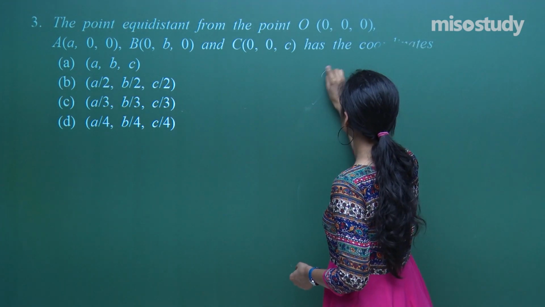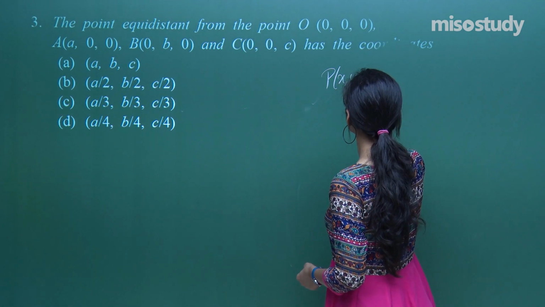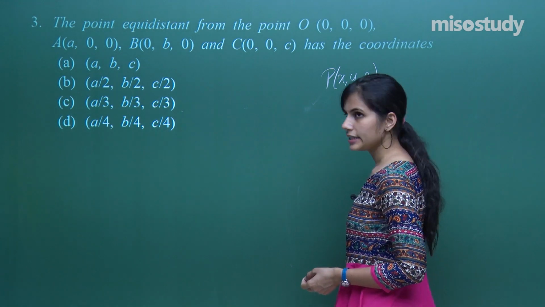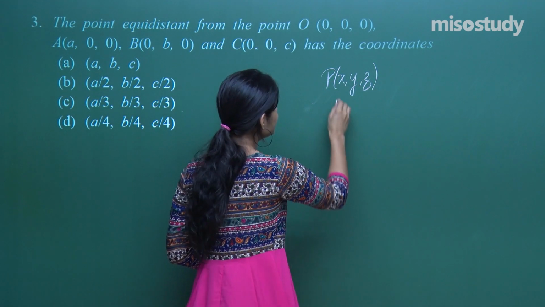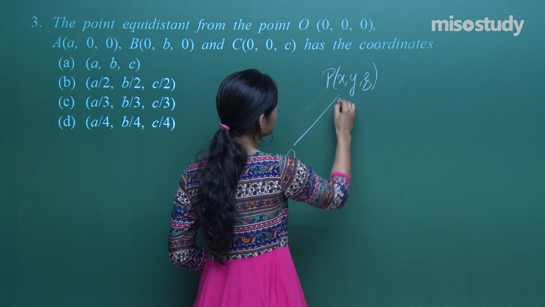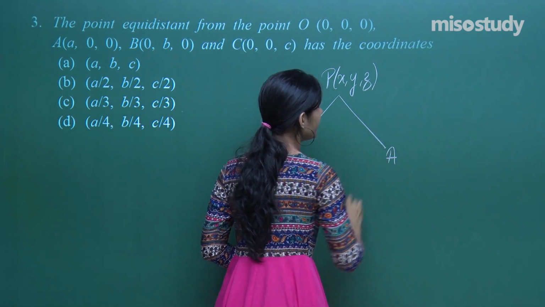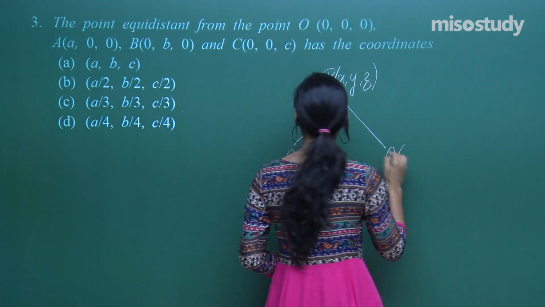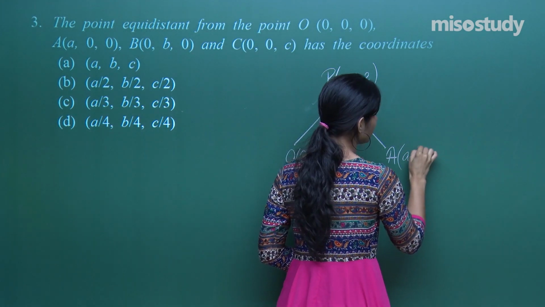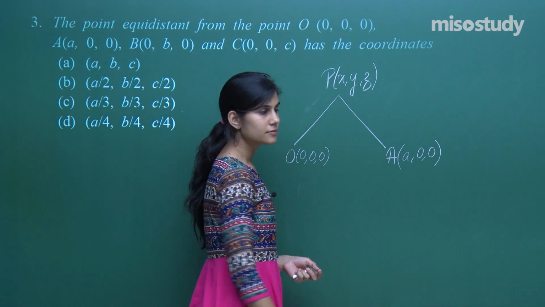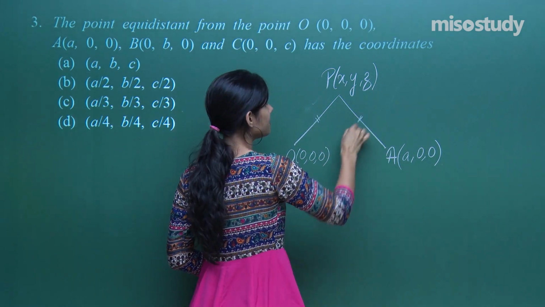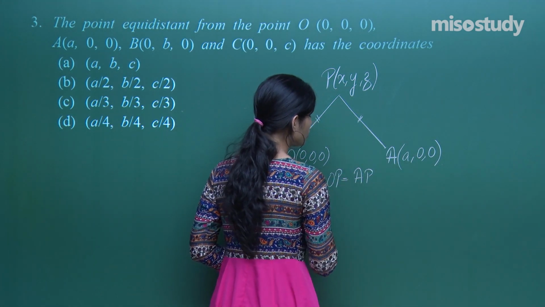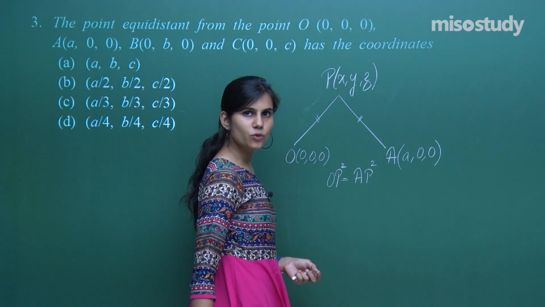There is a point, say P. It is equidistant from O, from A, from B, from C. That means P's distance from O is the same as its distance from A. O is 0, 0, 0 and point A is a, 0, 0. Now OP is the same as AP. So clearly OP square is the same as AP square.